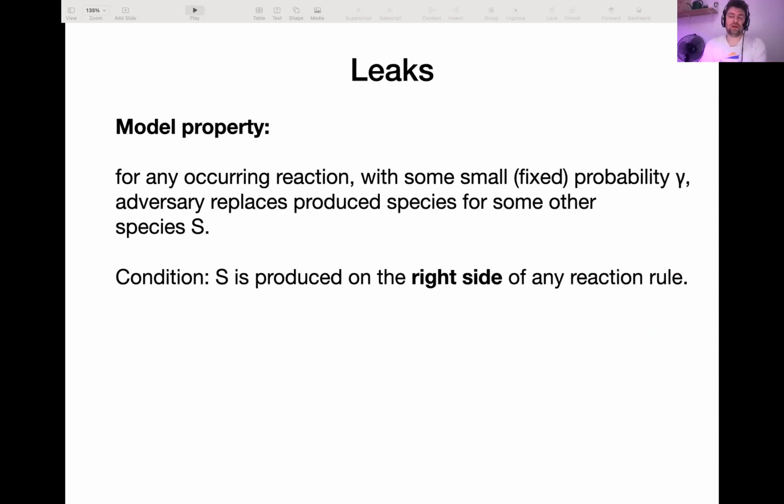We proposed a model that tries to capture this behavior. We call this type of errors leaks. This is a stochastic error that occurs with some small fixed probability.